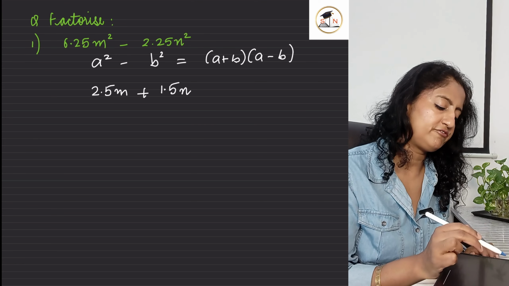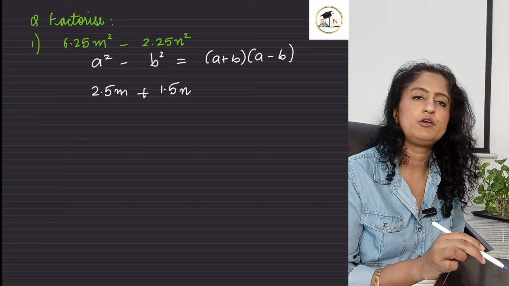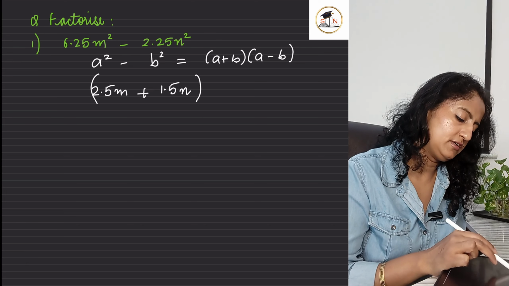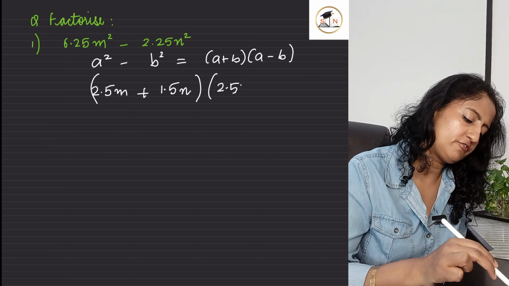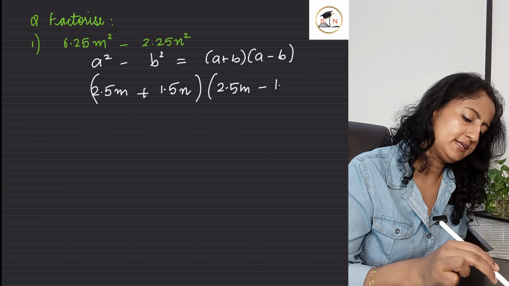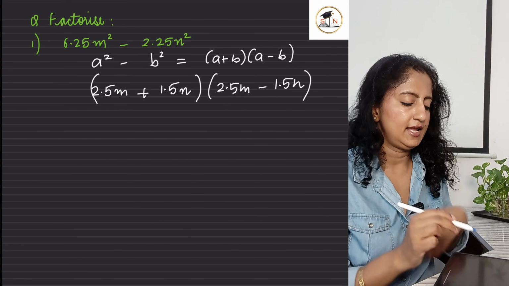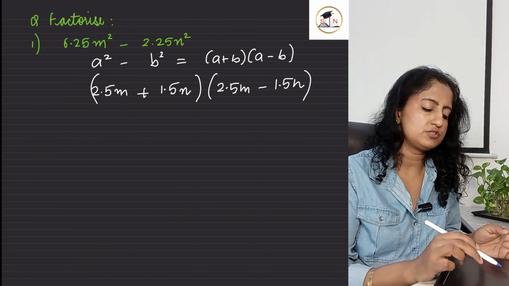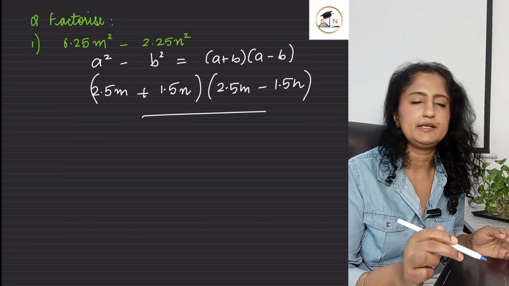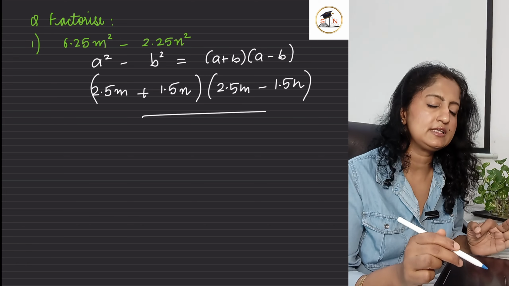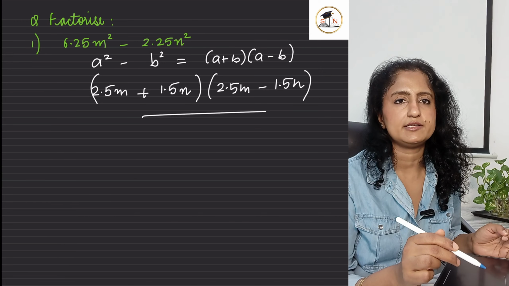So we get the first bracket as 2.5m plus 1.5n. So we will get the second bracket also, which is 2.5m minus 1.5n, right? And that is the answer, because we have already got the factors a plus b into a minus b. It was the easiest application of this identity while factorizing. Okay.